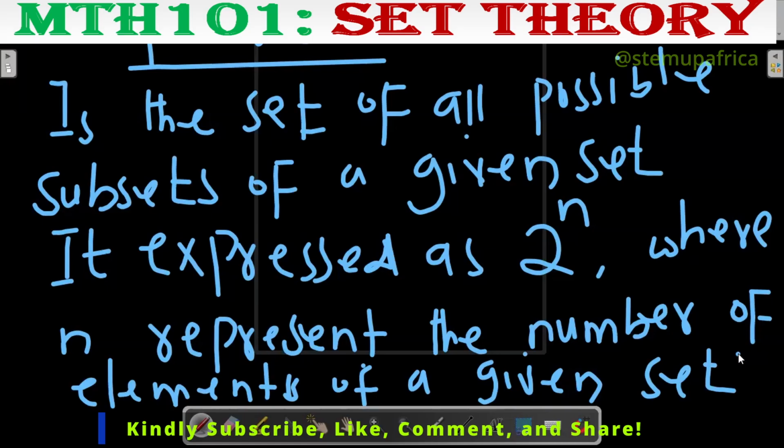So the number of subsets is 2 raised to power n. The n represents the number of elements of a given set.